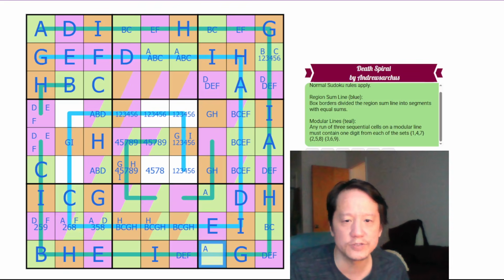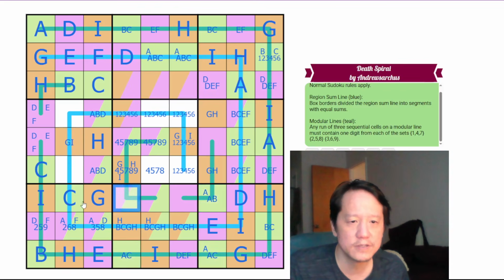This is A or C. This is A or B. This is A or C. So this has to be C with A, and it could be D or F. We're not sure which. C is here. This can't be C, obviously.